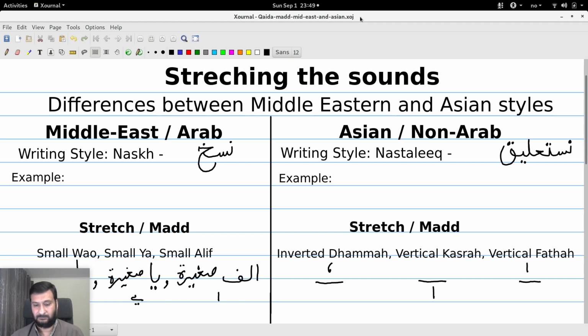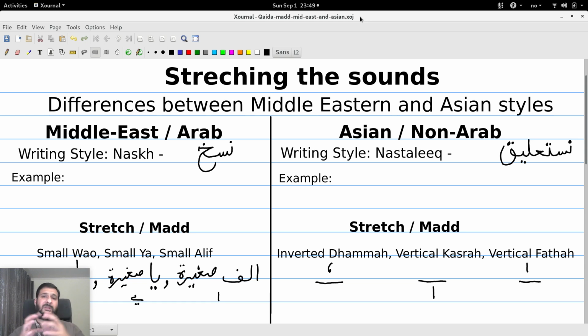First of all, the writing style used in the Middle East is what is called Naskh, which actually means to cancel, because many centuries ago it was used to cancel another way of writing which was considered difficult.